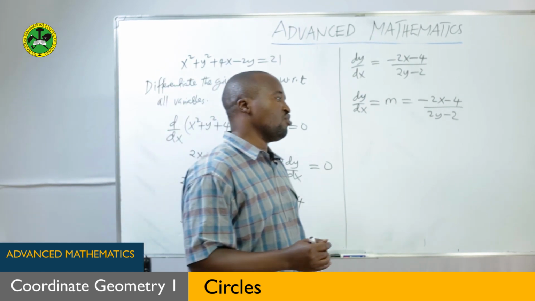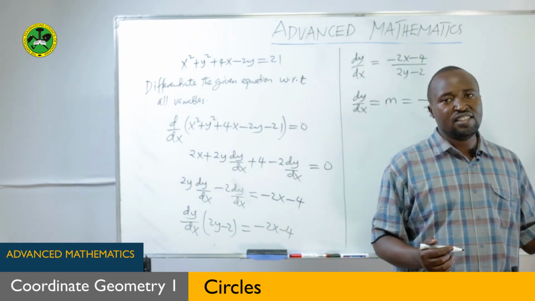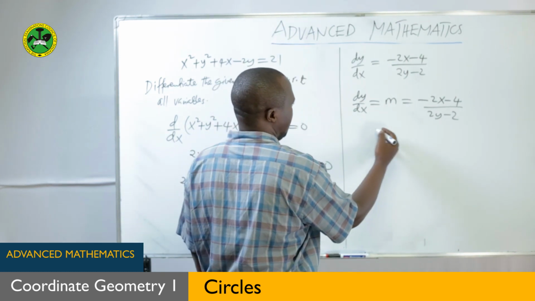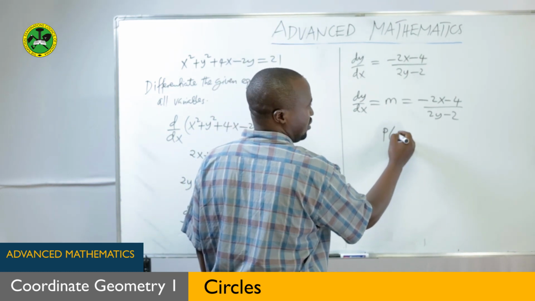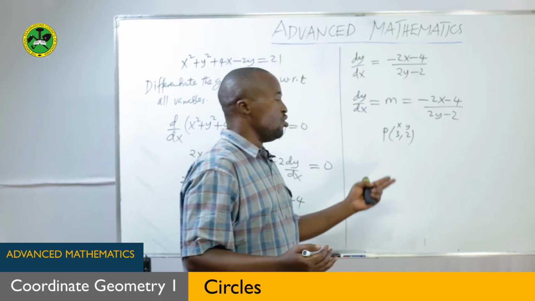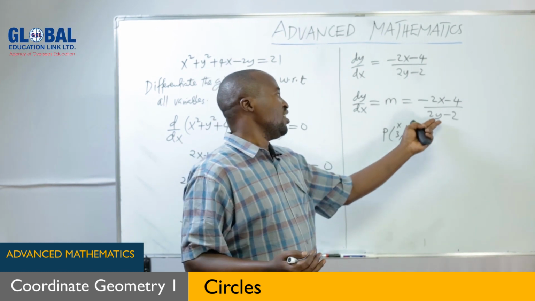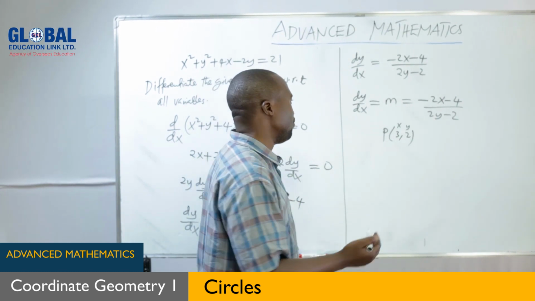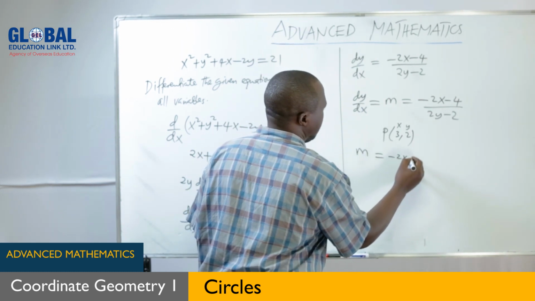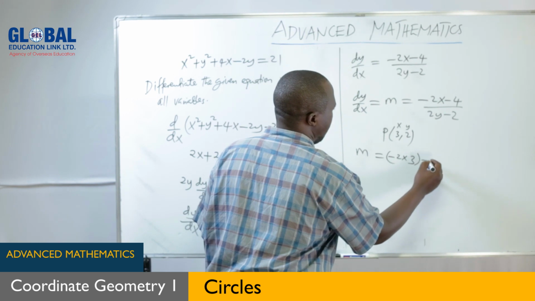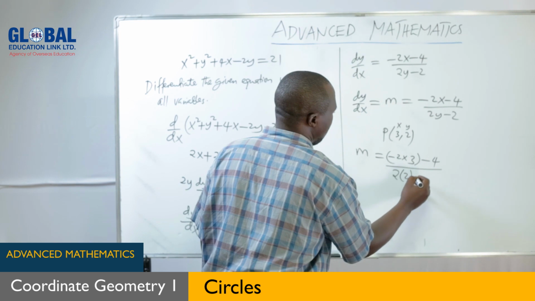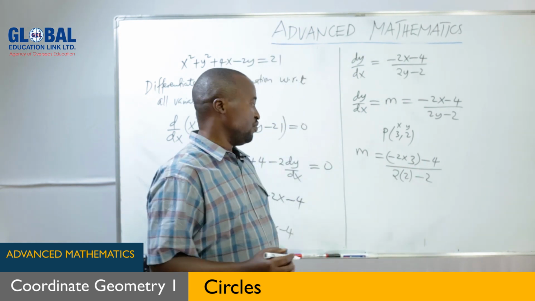But here we have the coordinate, that is 3, 2. So we can substitute the coordinate. Our coordinate is P(3, 2). Of course, this is x and y. So we substitute in our slope to get a number. So m will be equal to negative 2 times 3 minus 4 over 2 times 2 minus 2.